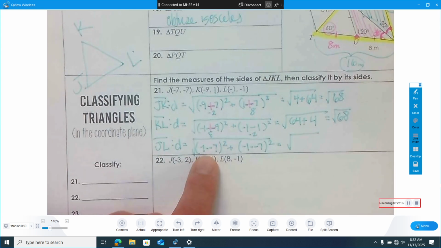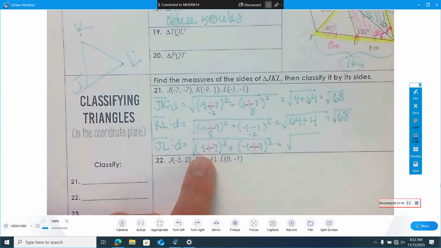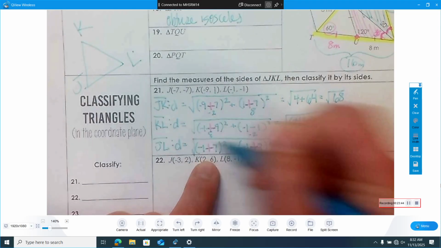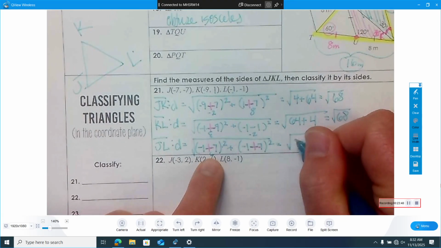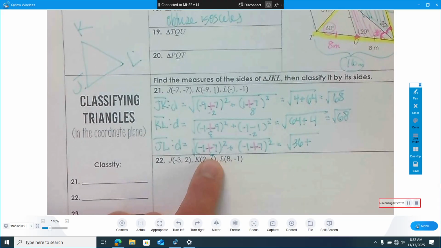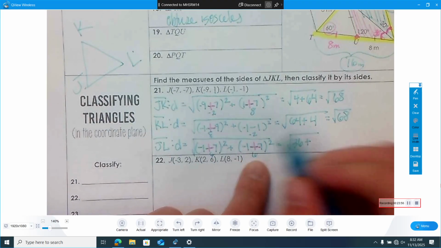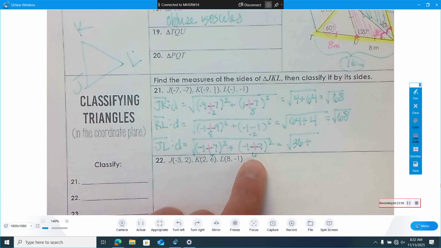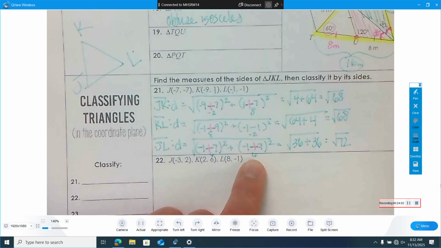All right, minus a negative becomes a plus. All right, -1 plus 7 is? 6. All right, and then 6 squared is? 36. 6 times 6 is 36. Plus, -1 plus 7 again is a 6. And 6 squared, 6 times 6 is 36. So we get the square root of 72.